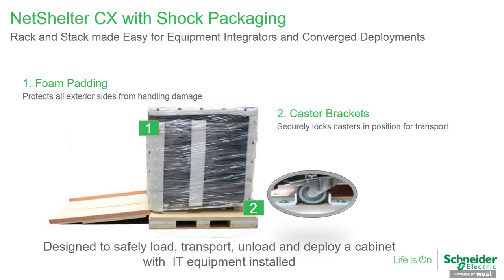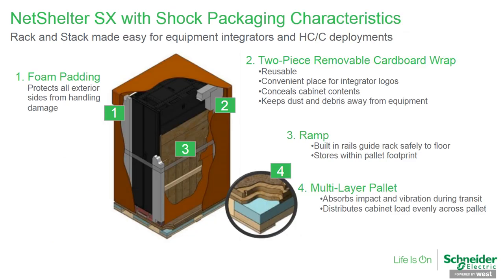And the reason that we can ship them, APC by Schneider has a product called shock packaging. So our racks can be stacked and integrated, and the CX is shipped out with special foam padding and caster lock brackets, and this is another thing that makes them really easy to deploy at the edge without any IT or additional support.